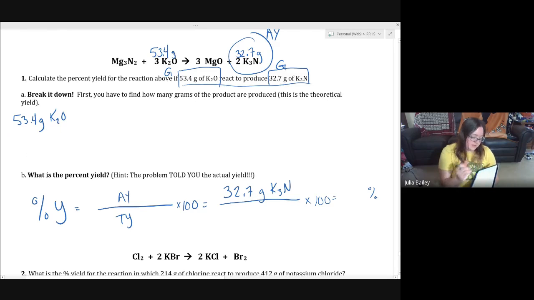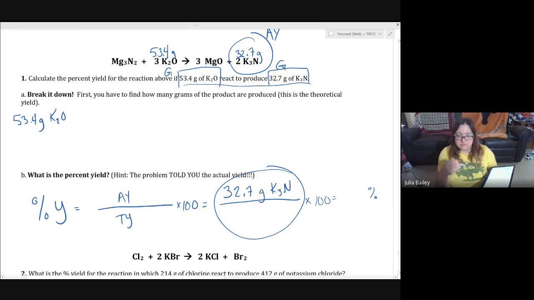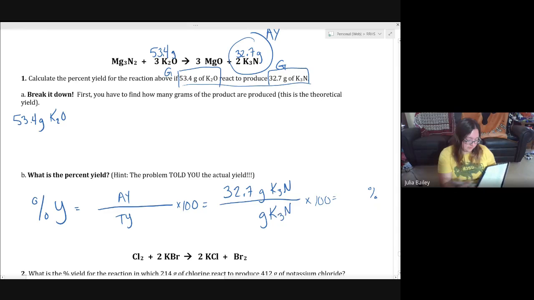Okay, and we're going to have to find grams of our product, because when we do the final formula, if we're going to get grams to simplify out, we're going to have to divide grams by grams so that you have the same thing on top and bottom and they simplify out, and you're only left with this percent sign as your final unit, so that your final answer can also be a percent.